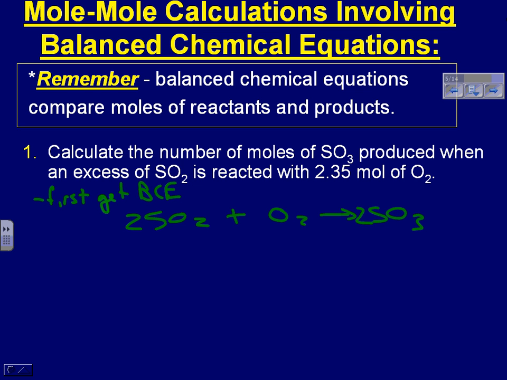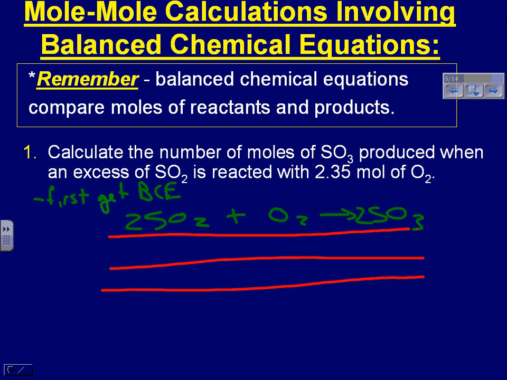What I now need you to do is imagine that you've got essentially 2 lines underneath your information. And that's not too tough because most of you have lined paper, and so you've got lines underneath your information. 2 lines. The bottom line here is going to be our mole line. Nothing but moles goes in that second line.